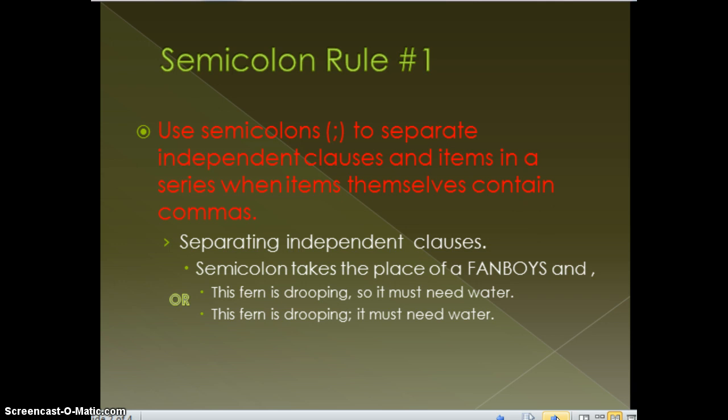Since the two sentences are related to one another, which means they go together, they're talking about the same subject, we can just add a semicolon between them, as in the second example: the fern is drooping; it must need water. That's usually the most common way that you see semicolons used.